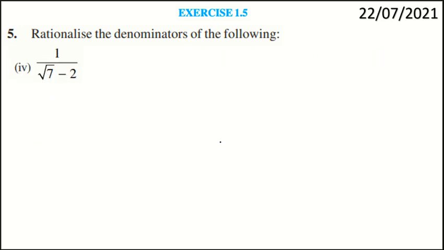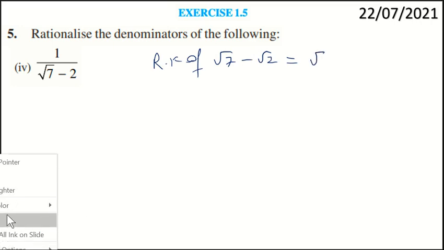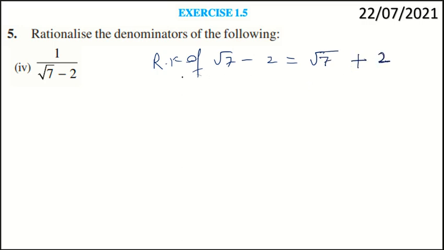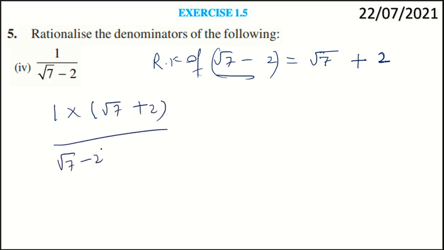Then moving on to the fourth question, 1 upon root 7 minus root 2. Find the rationalizing factor of root 7 minus root 2, which I have written wrongly here. It is not root 2, it is just 2. So root 7 plus 2 will be the rationalizing factor of this denominator. Now we will multiply the numerator by root 7 plus 2, and the denominator root 7 minus 2 will also be multiplied by that rationalizing factor.